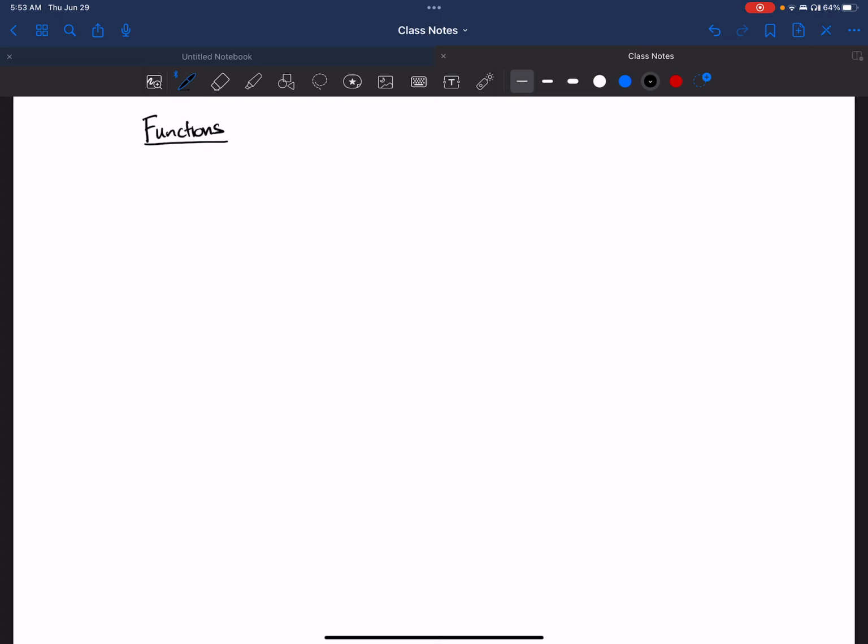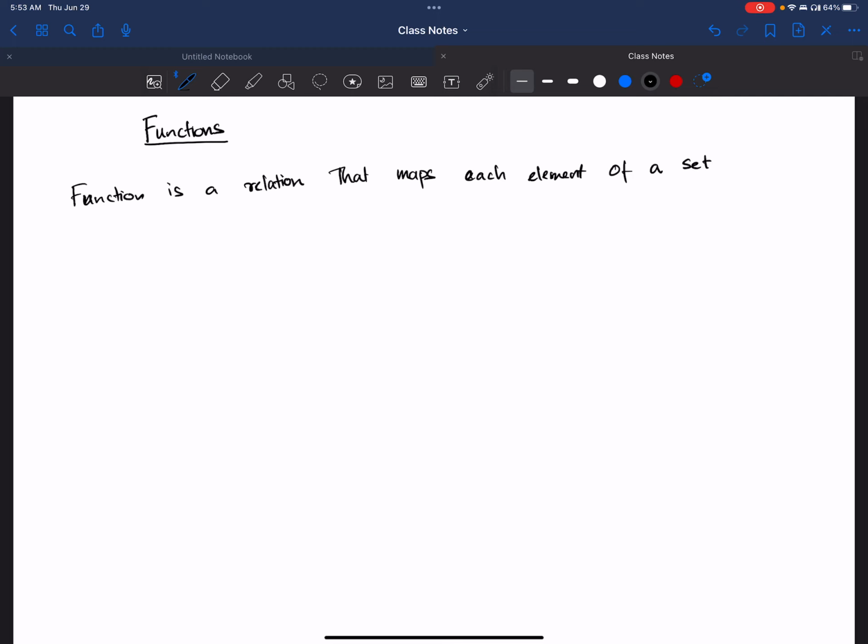In definition, a function is a relation that maps each element of a set.